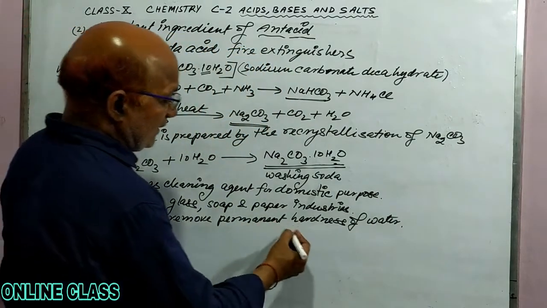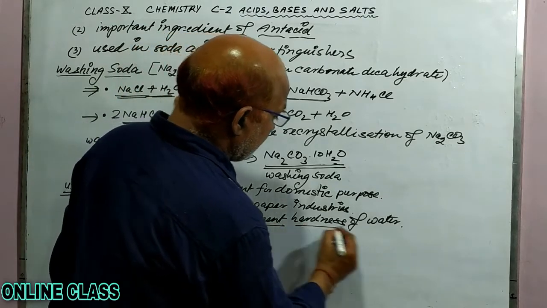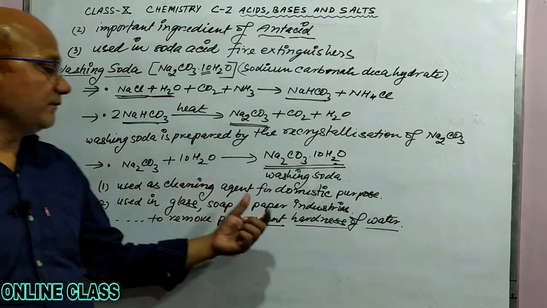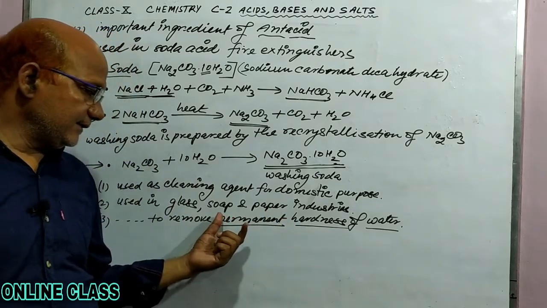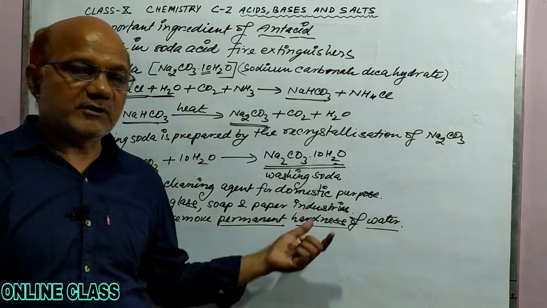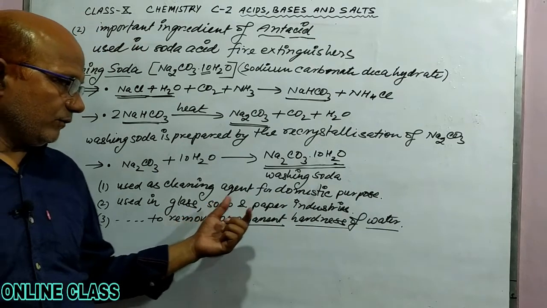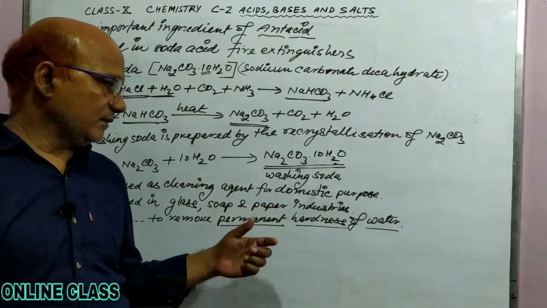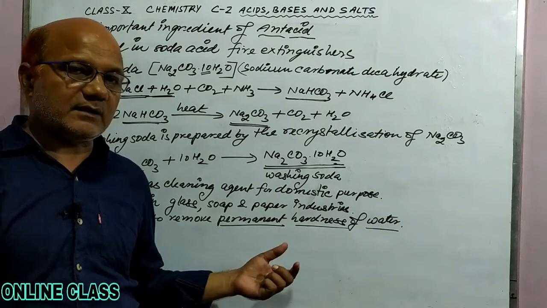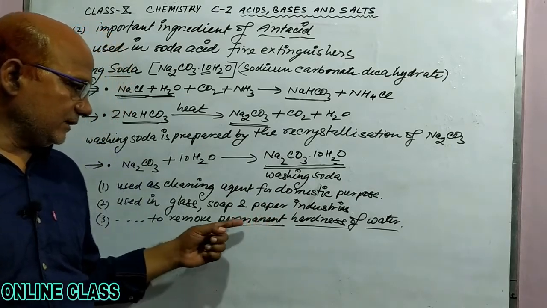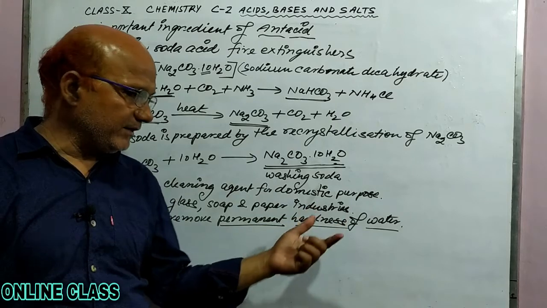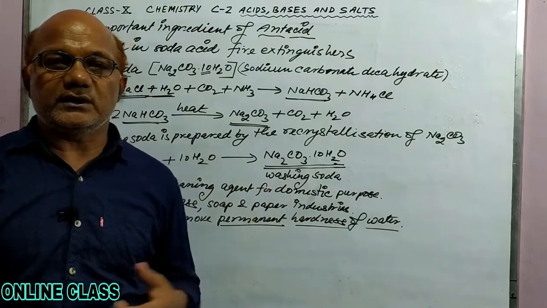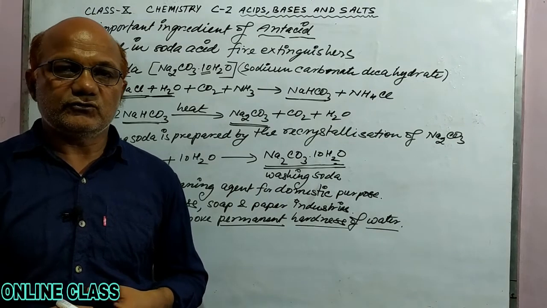Now this one is the new thing, permanent hardness of water. We will discuss this title in coming videos. What is permanent hardness of water? Means how water becomes hard. So this title will be discussed in the coming videos. Okay. So these are some important uses of washing soda.